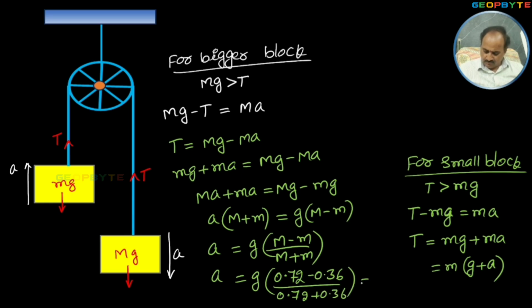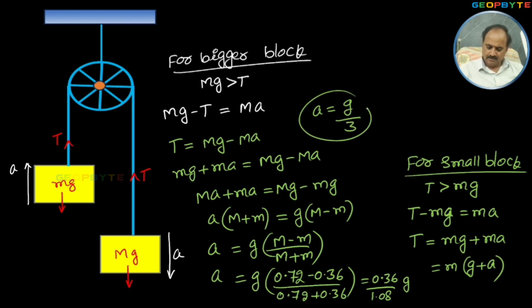It is equal to 0.36 by 1.08 times the g. That is the acceleration. So finally we got acceleration a equal to 0.36 by 1.08, I can write 1 by 3. It is g by 3. That's the acceleration. You substitute that acceleration here for getting the tension.